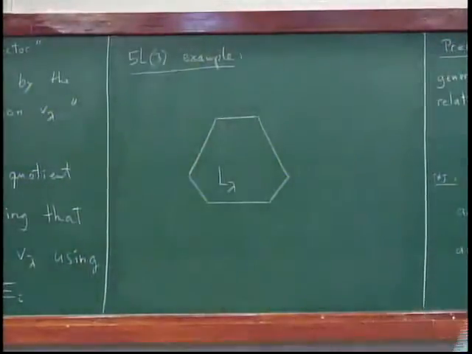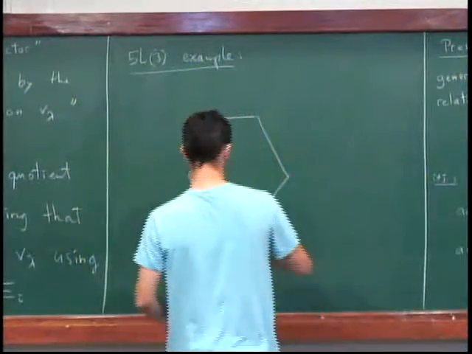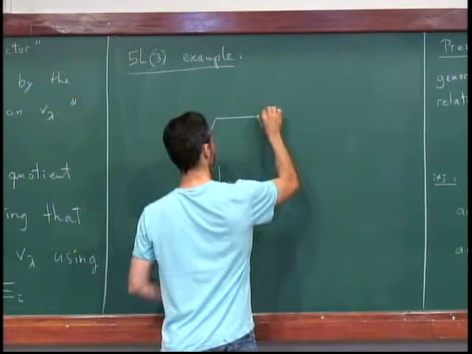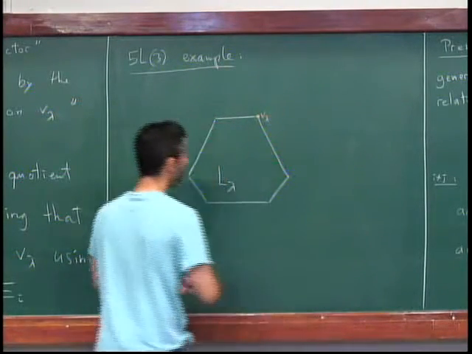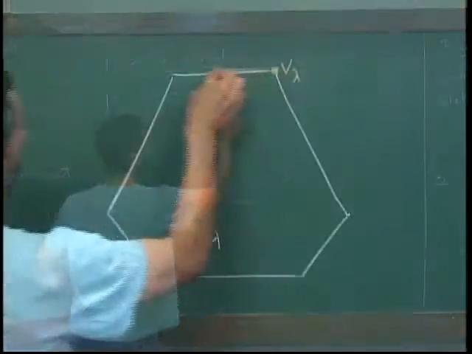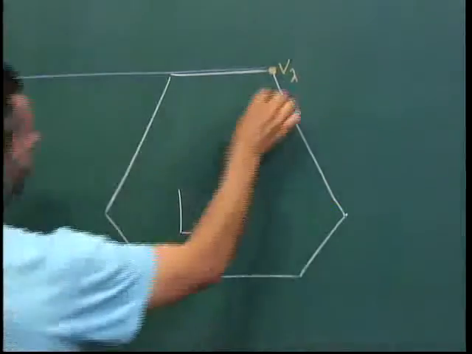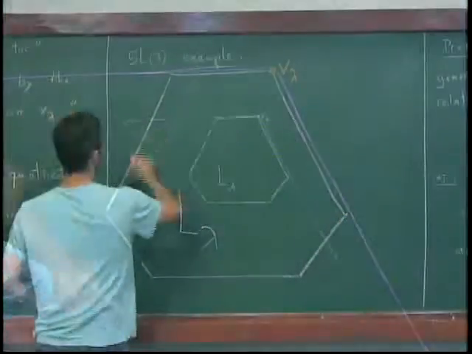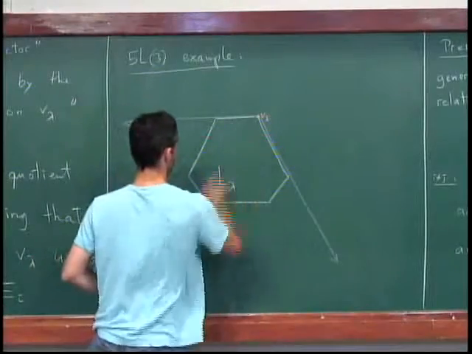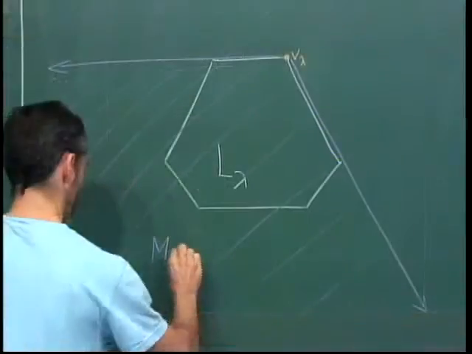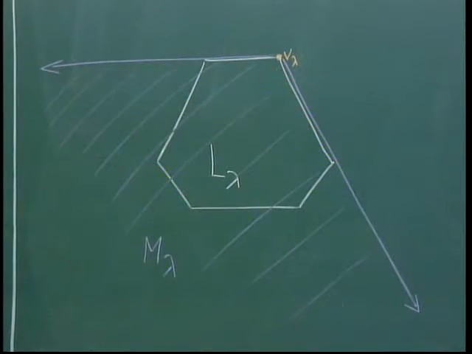And then we have here on the top the vector v lambda. And if I freely generate on v lambda, I will get something that goes all the way to infinity this way and that way. So all that stuff here, that's what M lambda looks like.